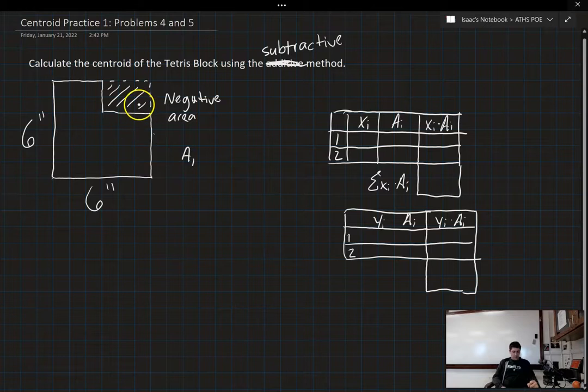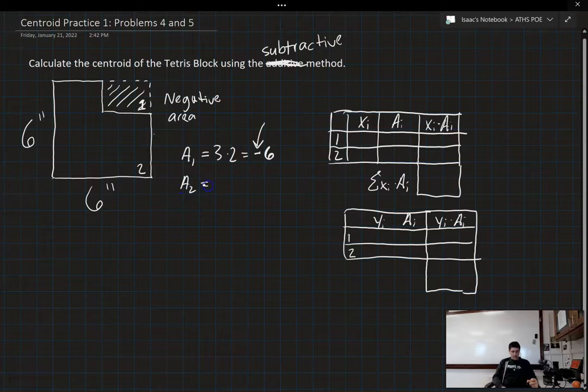Alright, so let's calculate our areas. I'm going to call this shape up here shape 1, and I'm going to call this overall shape shape 2, just like we did before. Area number 1 has a base of 3 times a height of 2. We're going to give it an area of -6. Remember that it's negative because it's being cut out of the other shape.